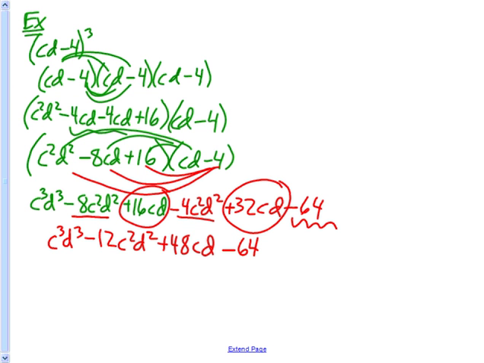Okay, so c cubed d cubed minus 12c squared d squared plus 48cd minus 64. Okay. Now there's one more. Actually, that's it. So we'll call it good there. That's how you're going to go about adding, subtracting, and multiplying polynomials.